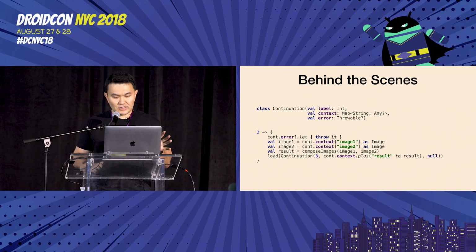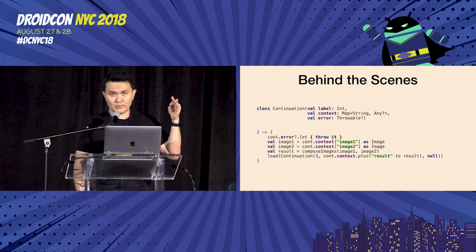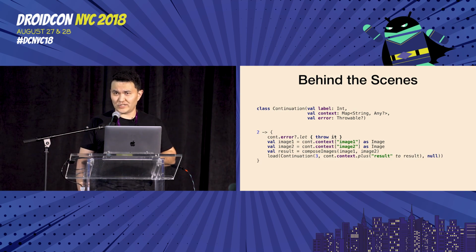Here's an example of one of the steps that takes place when the coroutine executes. The continuation class just has some metadata for us. We need to know what step in the continuation we're currently in, and in this case it is step number 2. Of course, that means the third step in human terms and 2 in computer science terms.